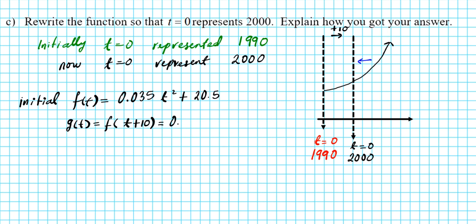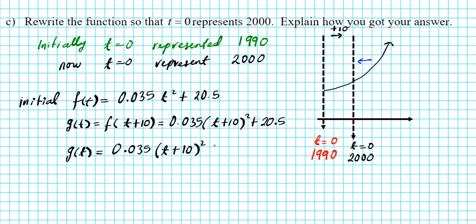So that's going to be 0.035 times t plus 10 squared plus 20.5. That's the new function that will cause t equals 0 to represent the year 2000, as opposed to 1990 for the original function f of t.